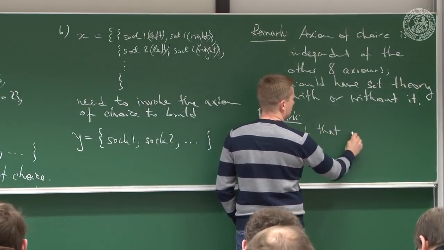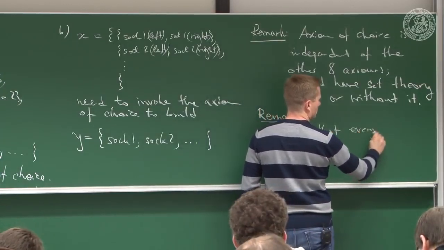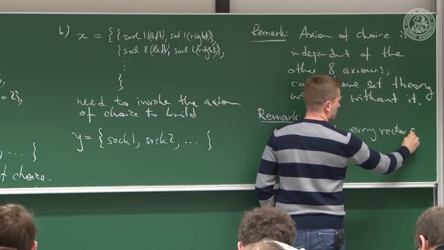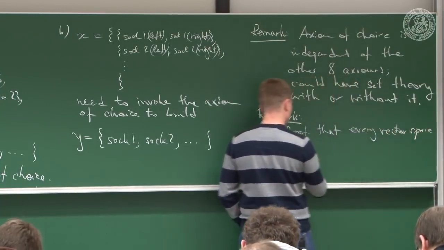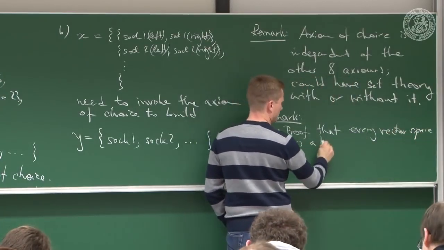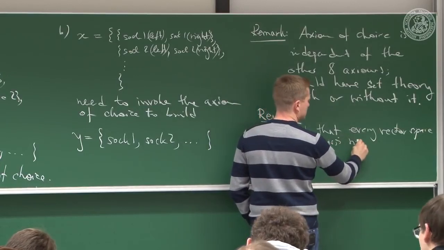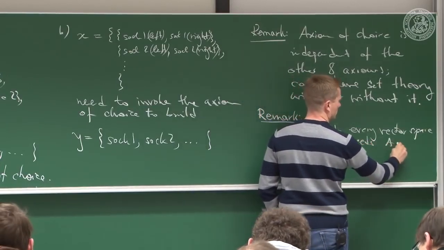that every vector space has a basis needs the axiom of choice.